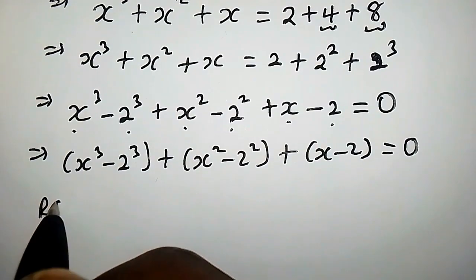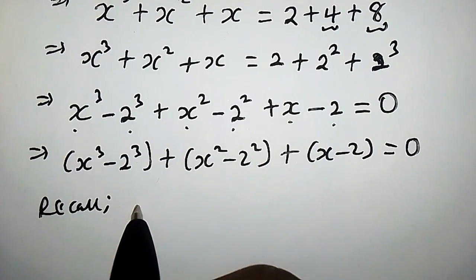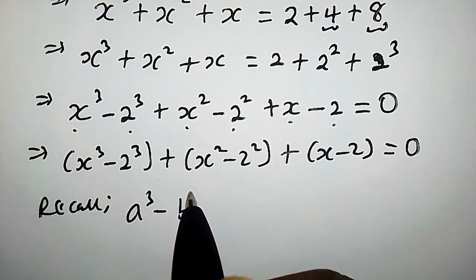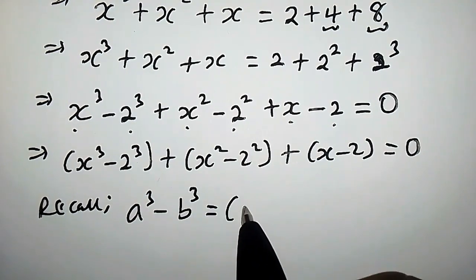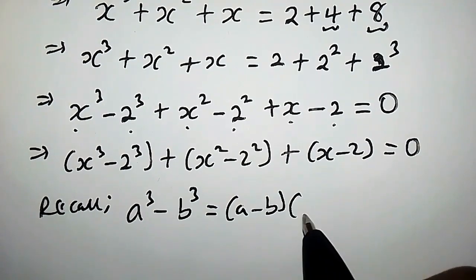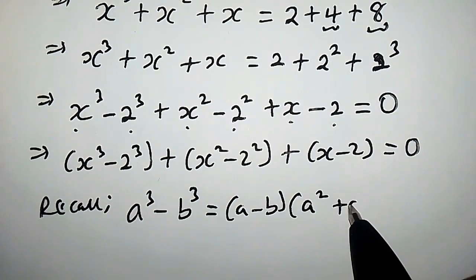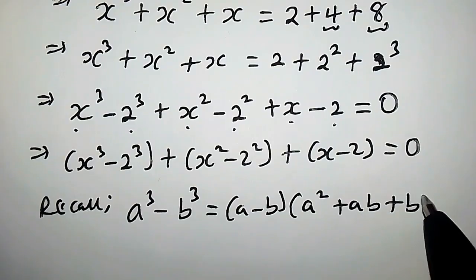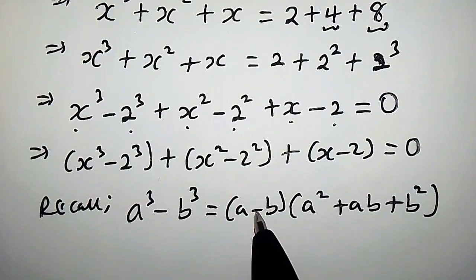Recall that a cubed minus b cubed is equal to a minus b times a squared plus ab plus b squared. Take note of this identity.